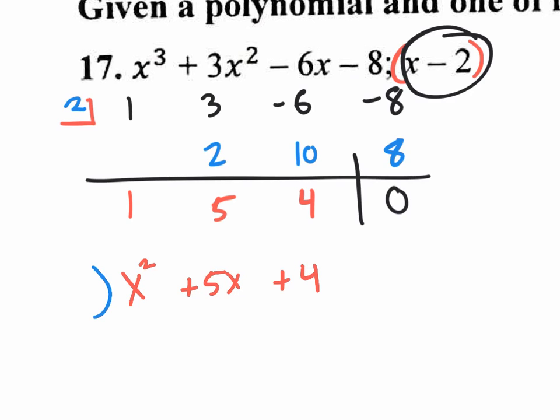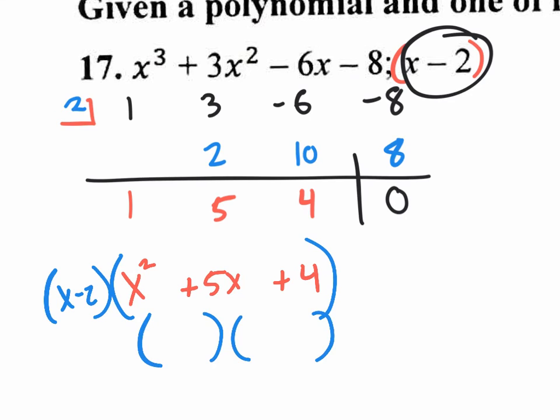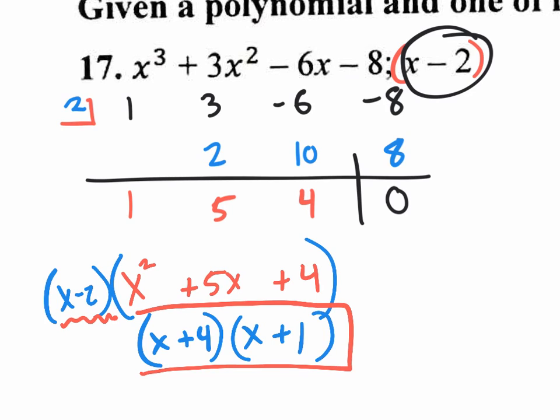So they gave me the binomial x minus 2 being a factor. I now have that quadratic trinomial. Could I factor it using our factoring skills? What is it? X plus 4, x plus 1. So they gave you the x minus 2 and you found the x plus 4 and the x plus 1.